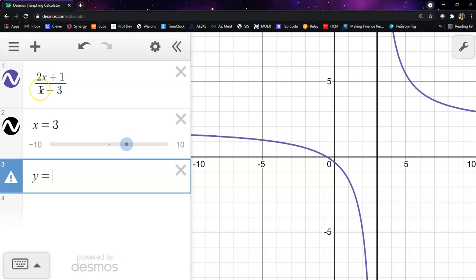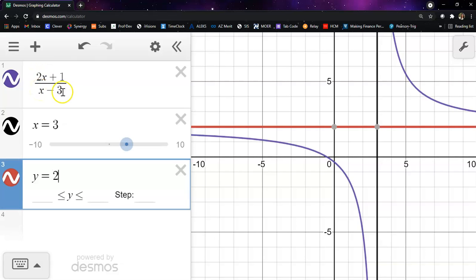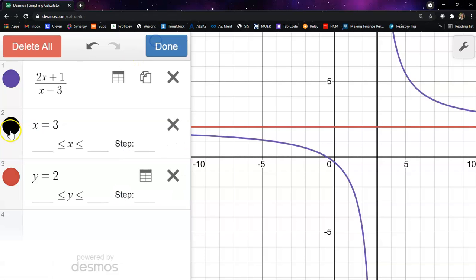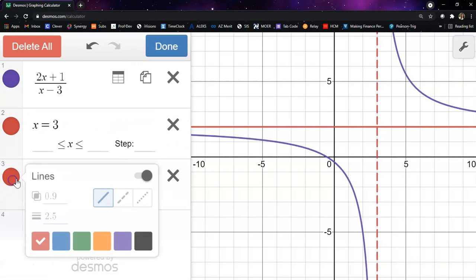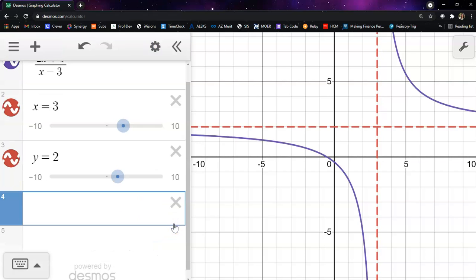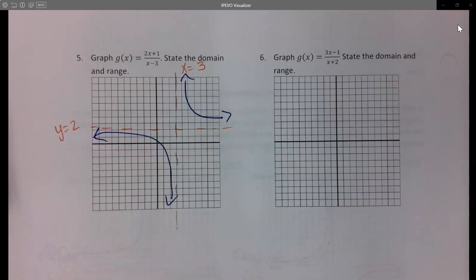So I have 2 divided by 1, which gives me 2 for my other asymptote. So this is what it looks like.